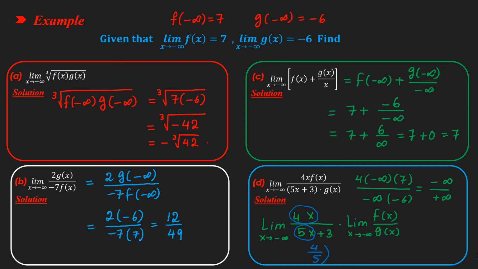That is the first limit. For the second limit you have to use direct substitution. It is f of negative infinity divided by g of negative infinity. So f of negative infinity is given and equals 7, divided by g of negative infinity, which equals negative 6.